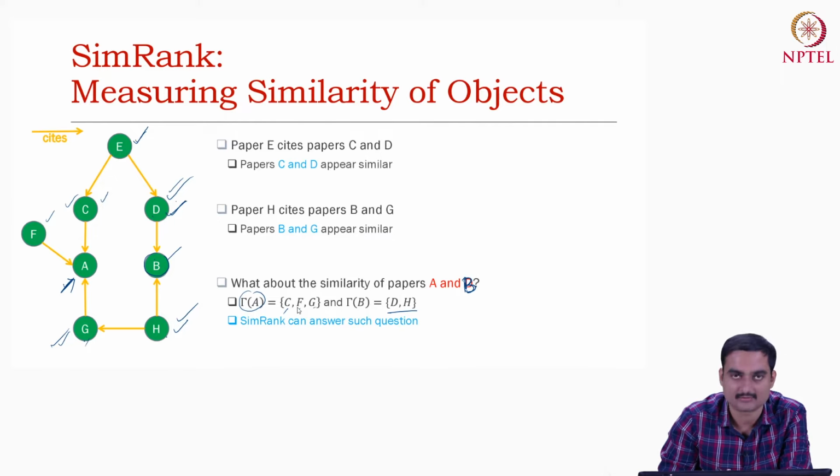Since there is no neighborhood intersection, one may say that A and B are not related.